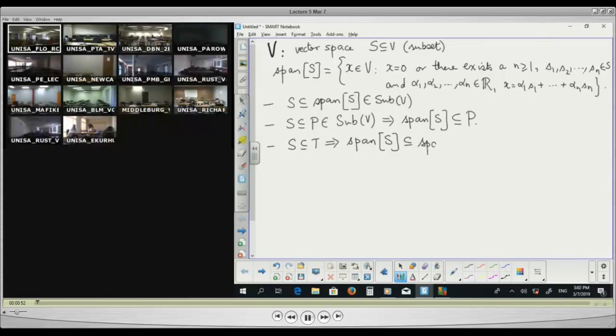The span of the empty set is the zero, the smallest subspace. The span of a set is equal to it if and only if S itself is a subspace.